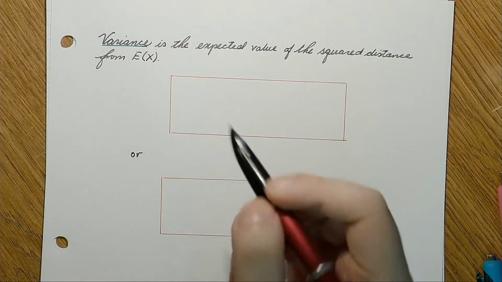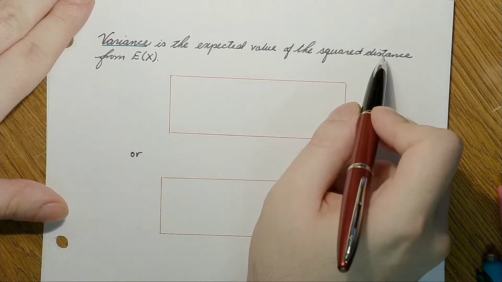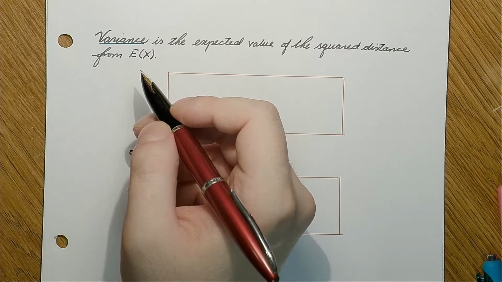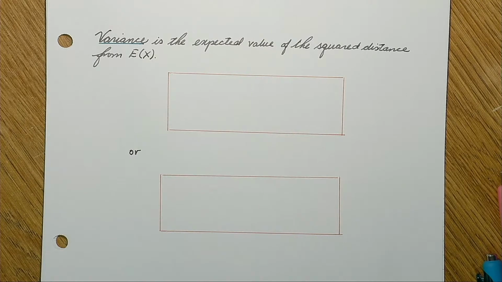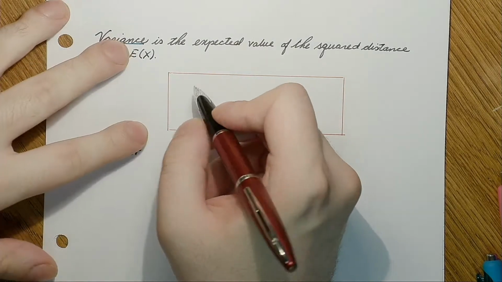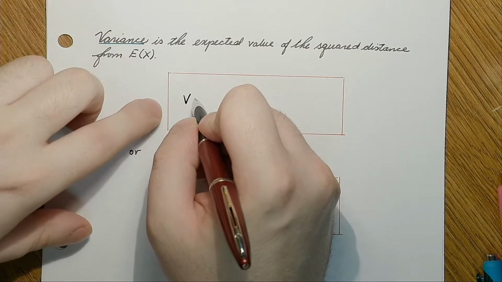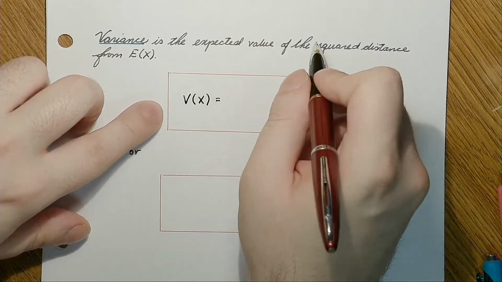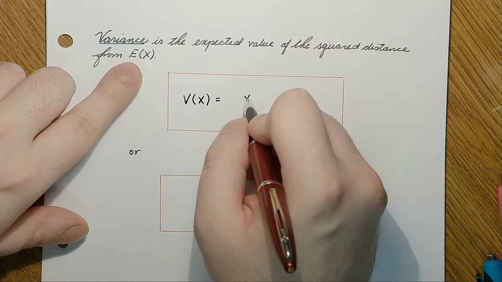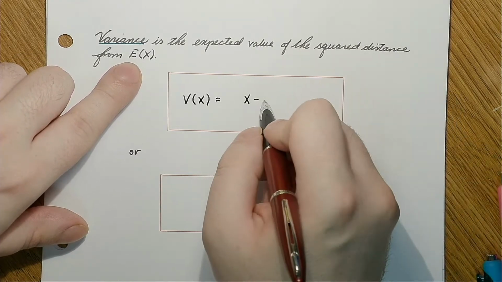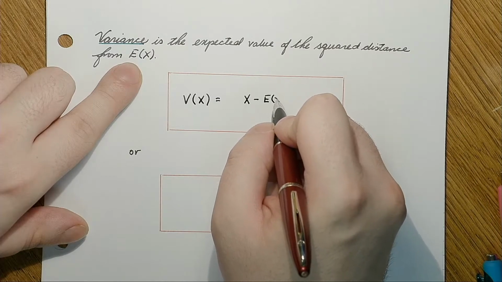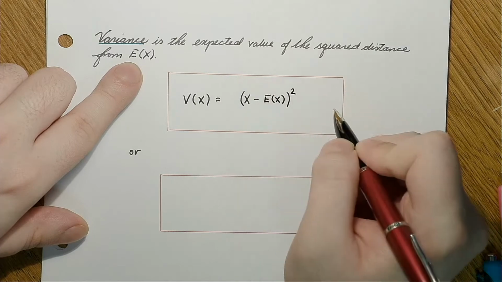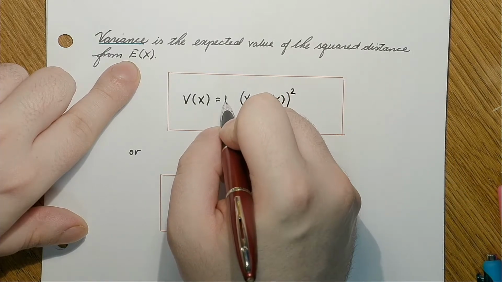It's the idea of variance, and it's the expected value of the squared distance from the expected value. So we can write that as, they use V in our textbook. So it's the distance from the expected value squared, and we want the expectation of that.